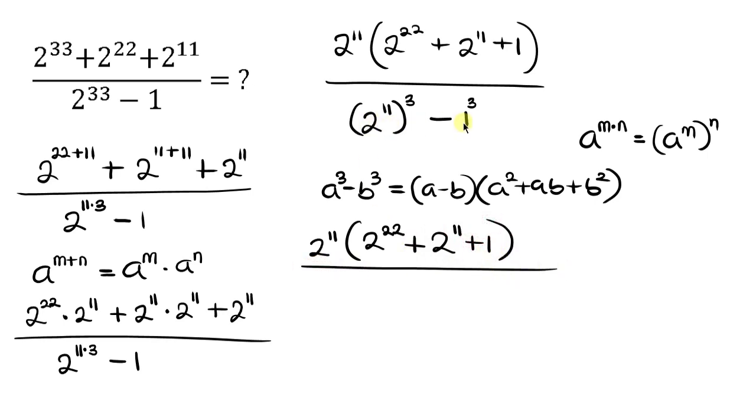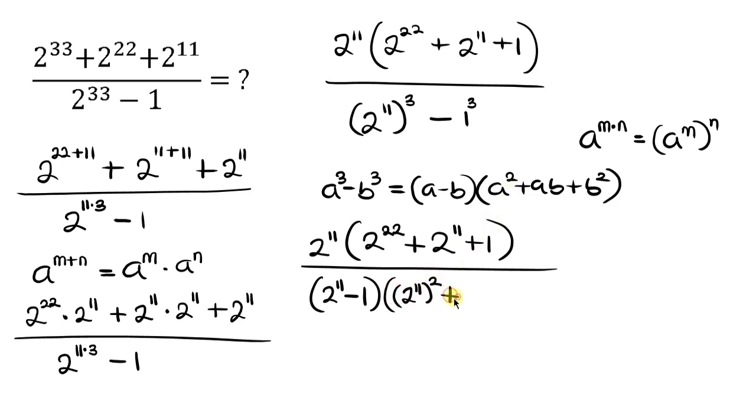Now, writing this in difference of two cubes, we have a minus b. A is 2^11 minus b. B is 1, times a, which is 2^11. I remember this is squared, so we have to square this as well.